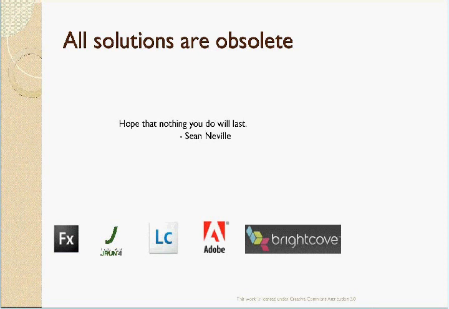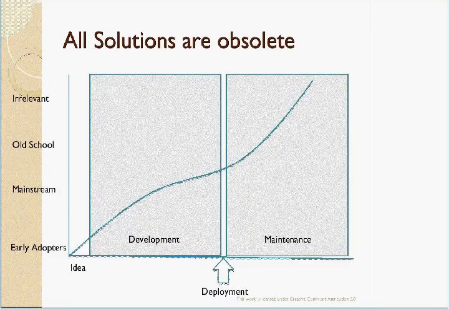I don't know how many of you out there have been working for the same organization for an extended period of time, but if you have, then you probably have the misfortune of actually coming back and having to maintain systems you've already developed. And if you're like me, you've learned something along the way, and when you look back at your old work, you tend to cringe a little bit. That's one aspect of all solutions become obsolete. The other aspect of it, though, is that as we pick out solutions and we use them, we have to keep in mind that any solution you choose is not going to be the best solution in the future.